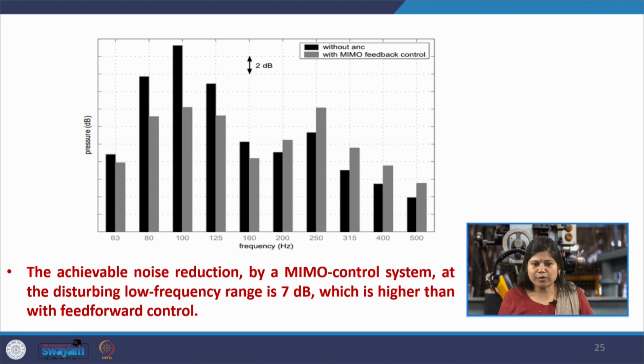You have multiple reference microphones, you have multiple error microphones, and then the DSP processes the signals of the corresponding reference and error microphone pair in the multiple channels, and it generates the anti-noise signal. Then in that case the performance is much better. That is what they had found.